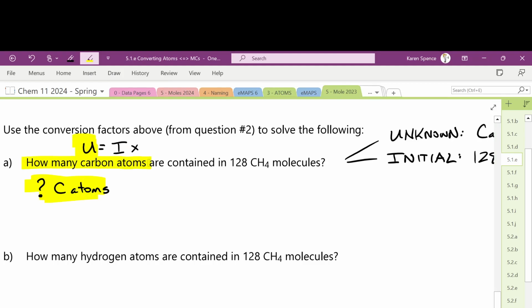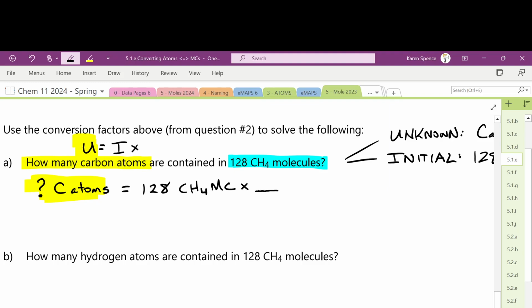How many carbon atoms is equal to our initial quantity, which in this case is the CH4 molecules. Okay, 128 CH4 molecules. And then we need to multiply by our conversion factor.